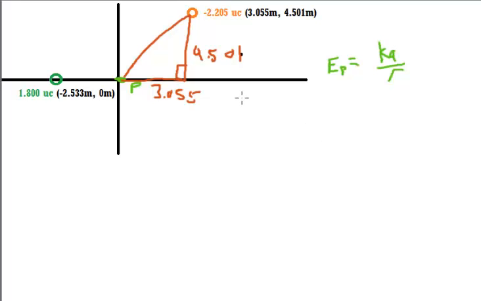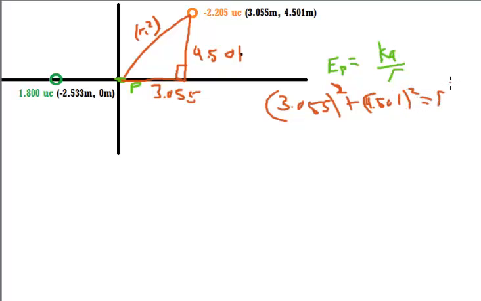So you can say, 3.055 squared plus 4.501 squared equals R1 squared.